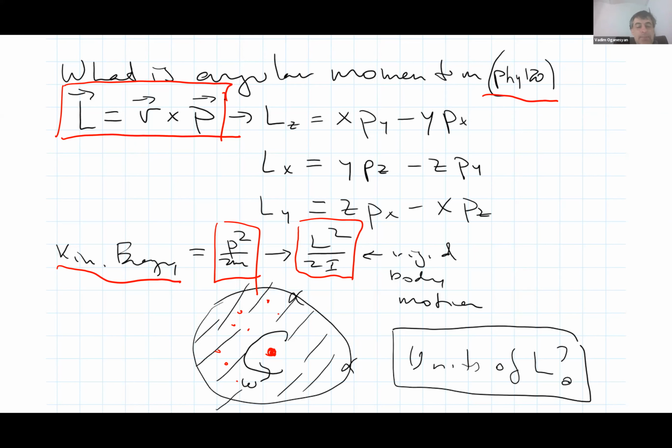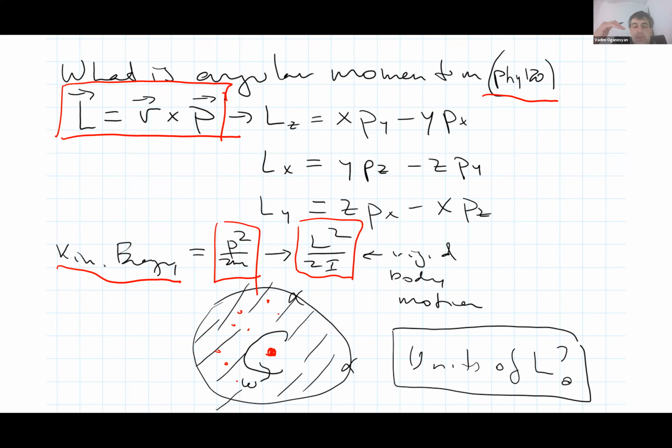sociology here. The thing that we learn in Physics 1, or should learn in Physics 120, is that the amount of angular momentum is not just the amount of motion, which is p.